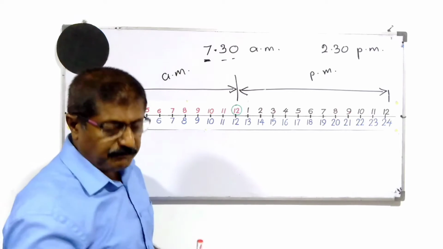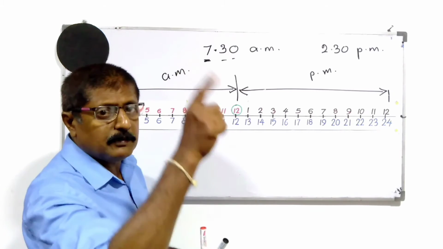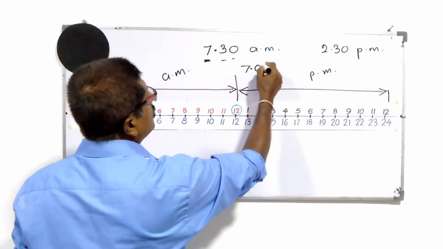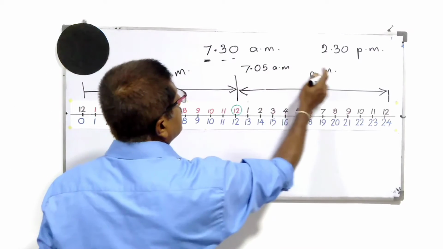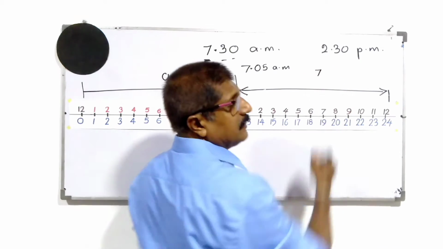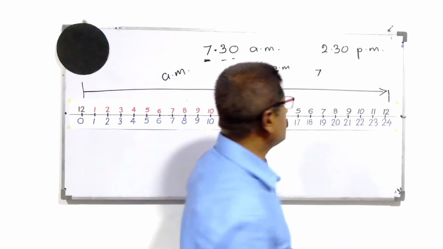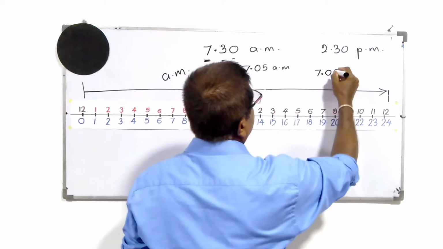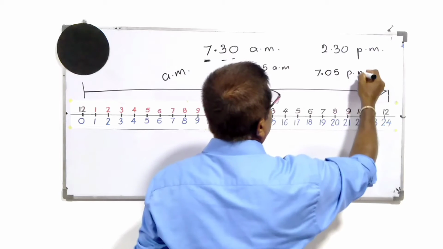That means if it is 7:05 in the morning, that is 7:05 AM. At night it must be post meridian, 7:05 PM.